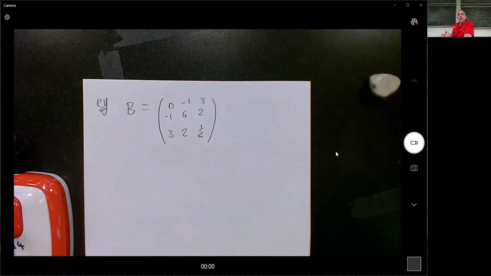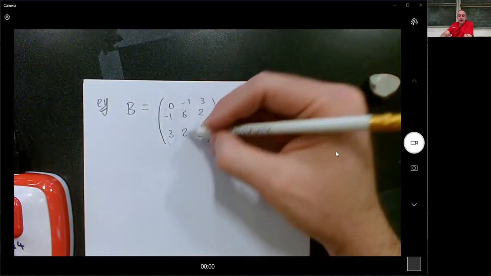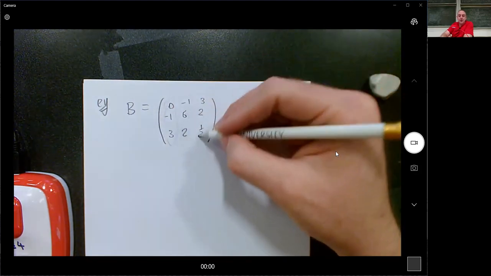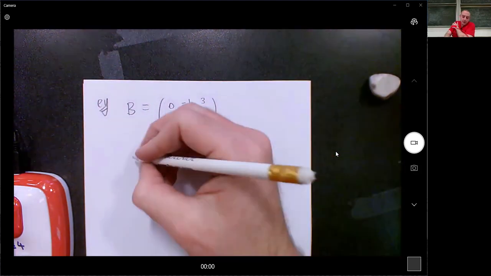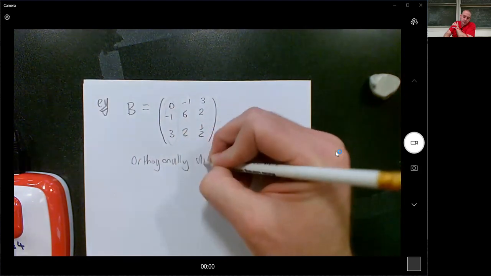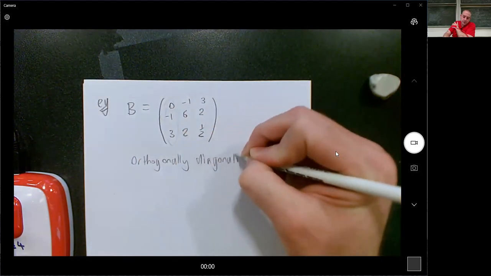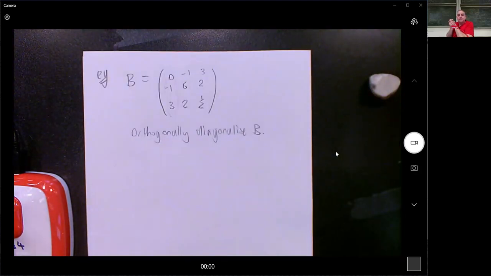Symmetric matrix, its transpose is the same as the original, which means that the first column is the same as the first row, and the second column is the same as the second row, and the third column is the same as the third row. It's a symmetric matrix. So I would just check that, because if they had made a typo and they'd said orthogonally diagonalise B, and you go, it's not a symmetric matrix, it's not possible. Done.